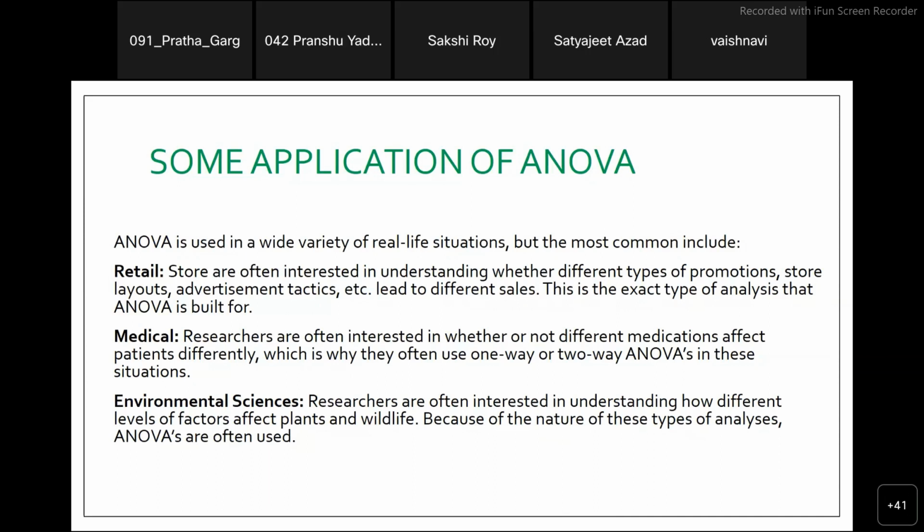So in the medical field, they also take help of this. For environmental science, I have given the example of plants, and even in wildlife, they also check the different factors which influence some parameters.